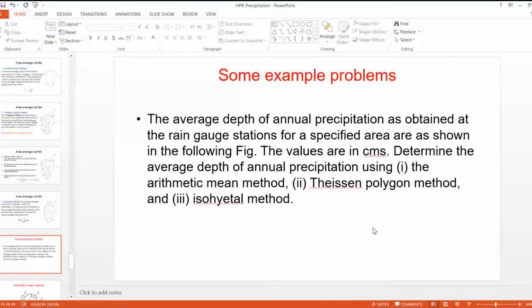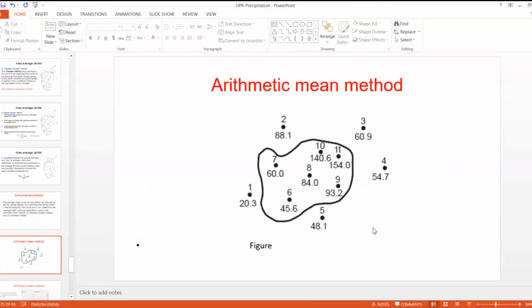We will do one numerical problem, and we'll calculate average precipitation using the arithmetic mean method, Thiessen polygon method, and isohyetal method. This is the problem. You see, this is the catchment area, and this thick line is called the ridge line. Okay, that means whatever rainfall falls inside this catchment area goes to one common outlet.